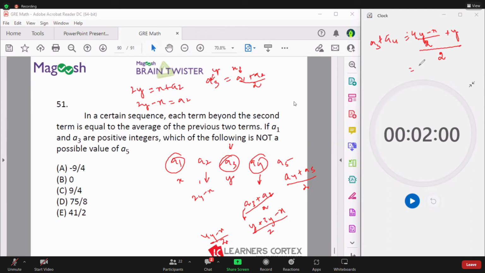This becomes (3Y minus X plus 2Y) all over 2, and this again all over 2. So this becomes (5Y minus X) over 4. Does that make sense to everyone? Is there anyone who has not understood?